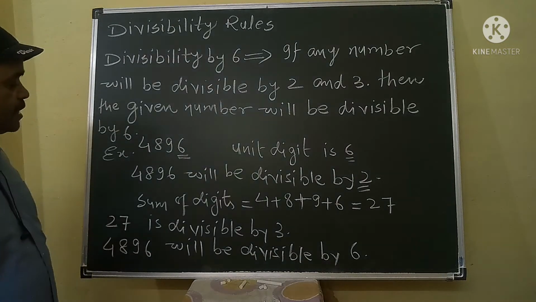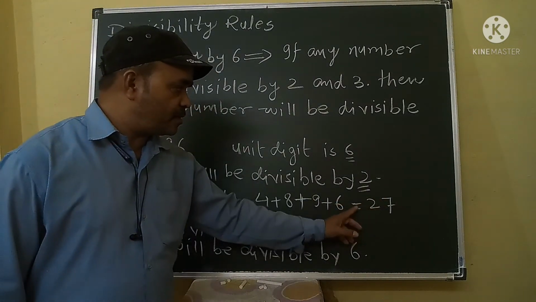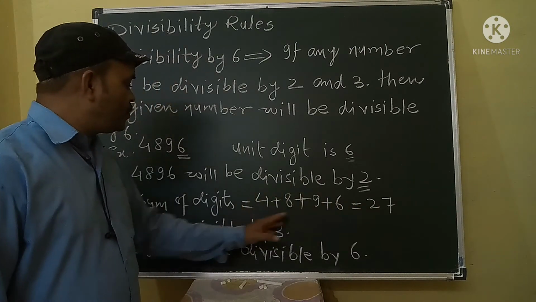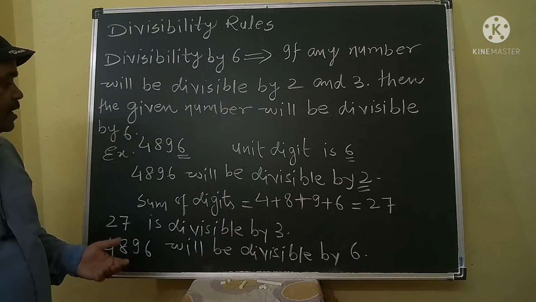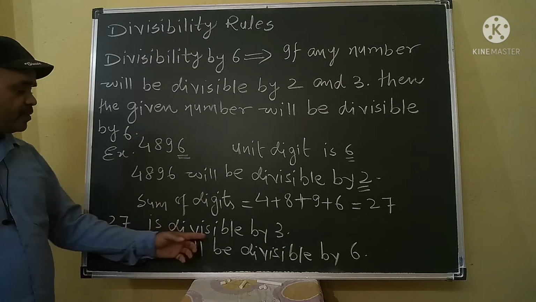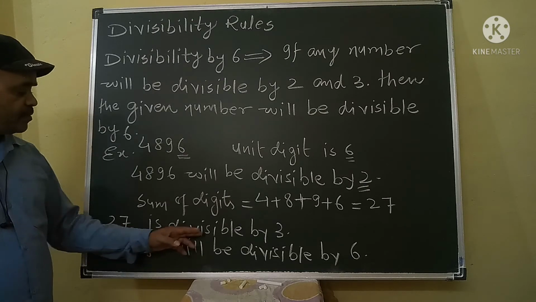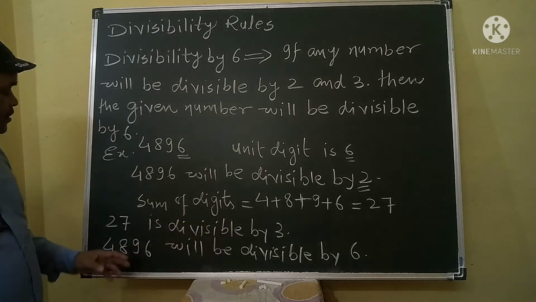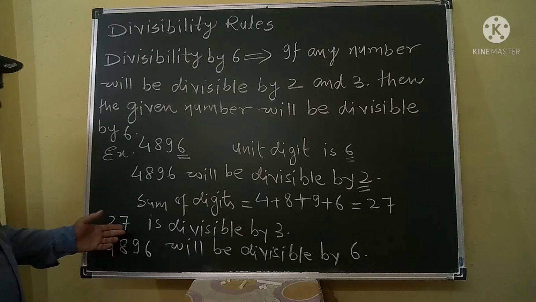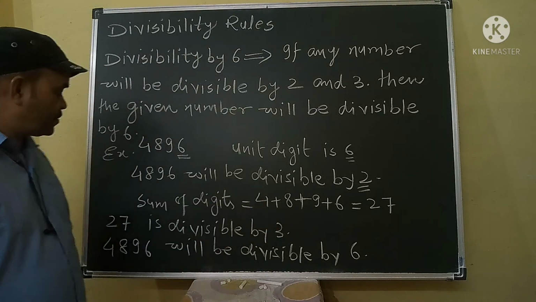After adding, you will get 27. 27 is the sum of all 4 digits. And you know very well 27 is divisible by 3, in other words, 27 is a multiple of 3.